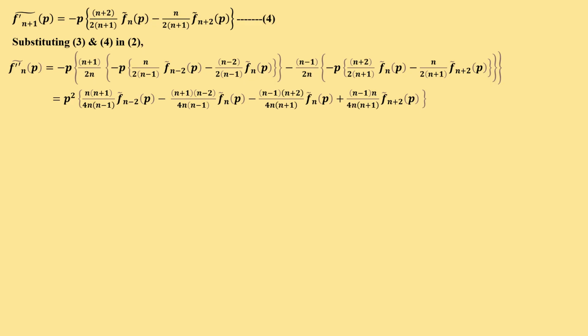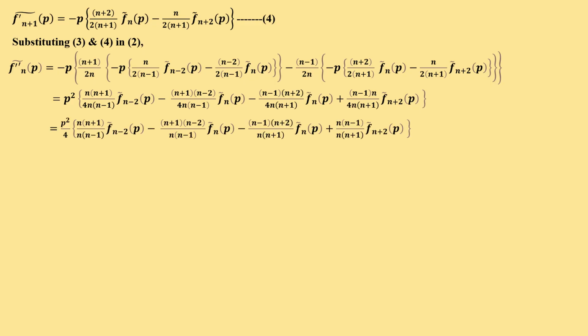Minus next term: (n minus 1) into (n plus 2) numerator, denominator 2n into 2, 4n into (n plus 1), f_n bar of p. Plus last term: (n minus 1) into n numerator, 2n into 2, 4n into (n plus 1), f_(n plus 2) bar of p.